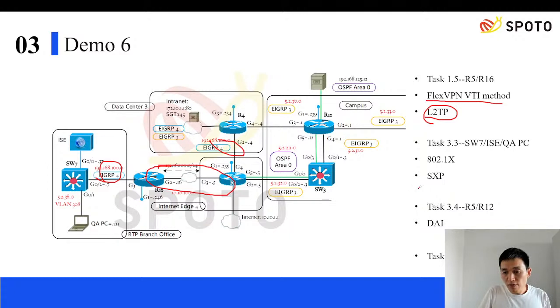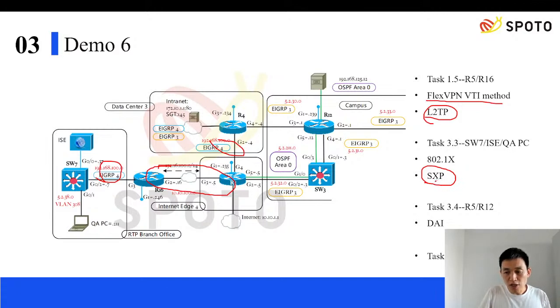After task 1.5 is complete, we come to task 3.3, which is about AAA authentication with the .1x method, same as task 3.1. And switch 7 must be able to establish SXP peering with ISE.